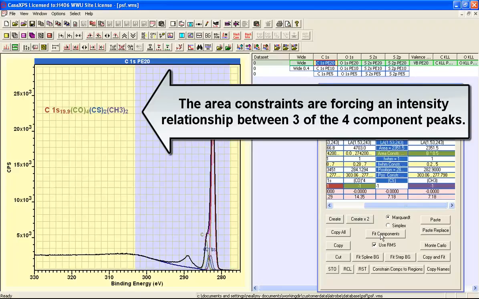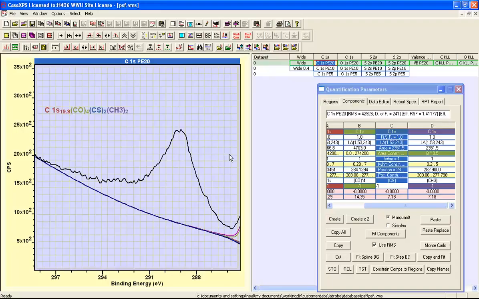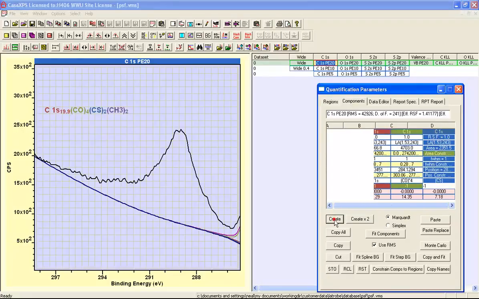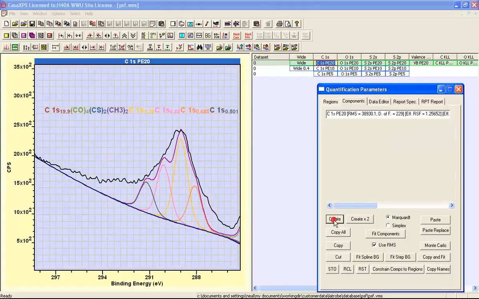So before we attempt to fit this, let's add some peaks over here. This structure that's associated with a ring of carbon atoms. So if I say create, I'm just adding peaks.